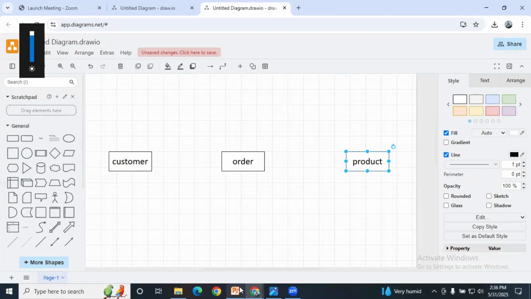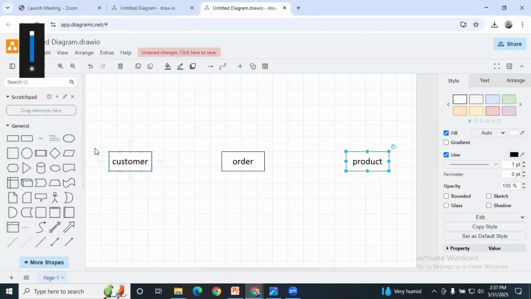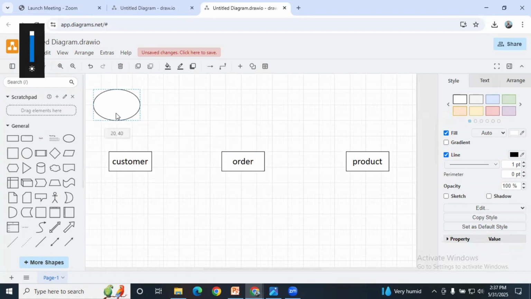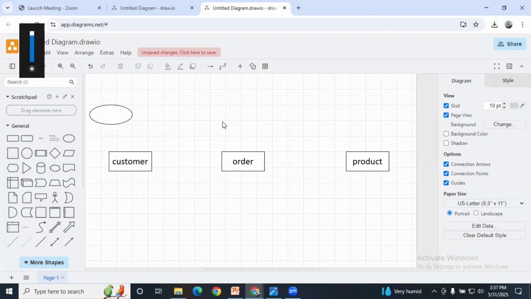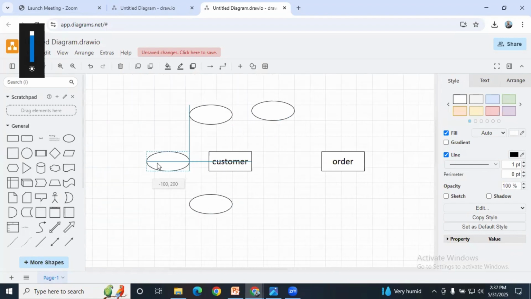In here, they are saying the customer has a unique customer number, name, phone number, and address. So according to that, you want to include attributes like this. First one, second one, third one, and fourth.